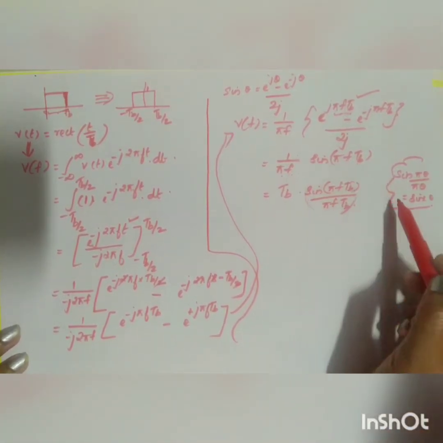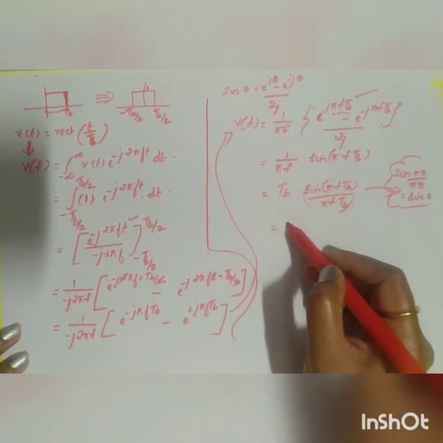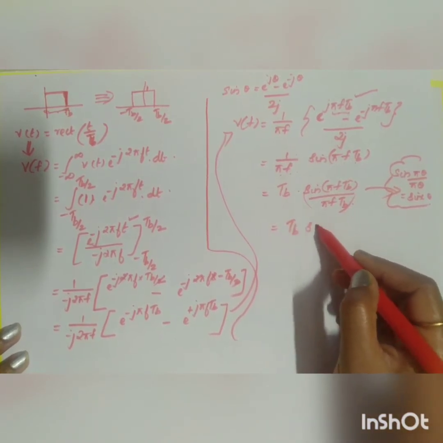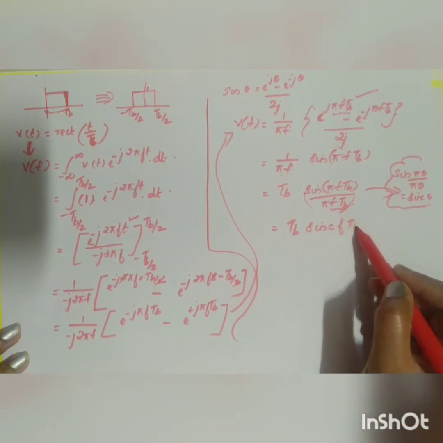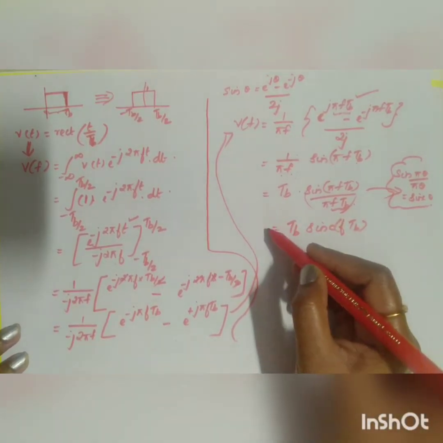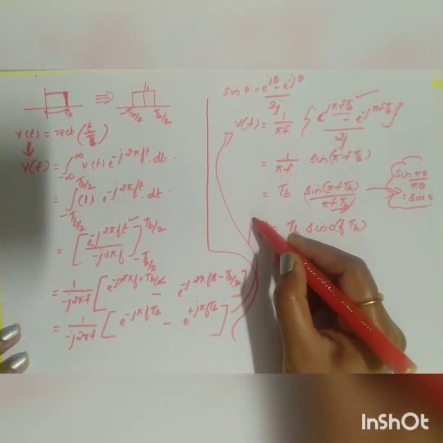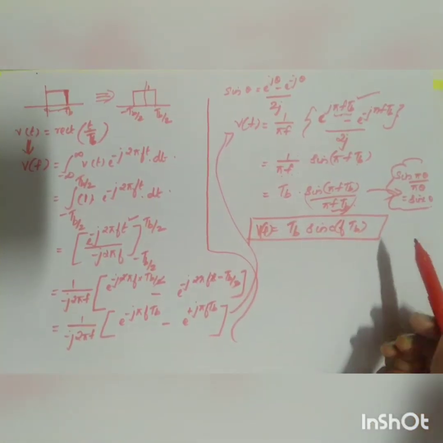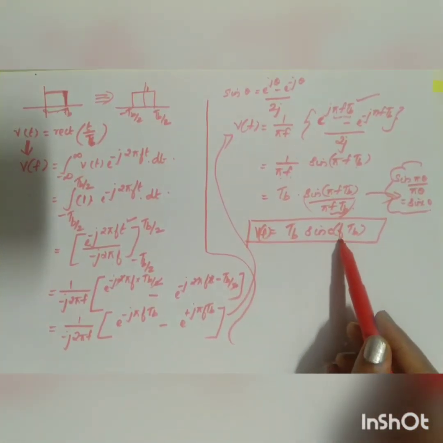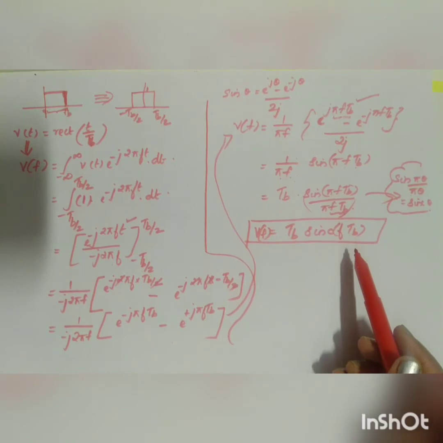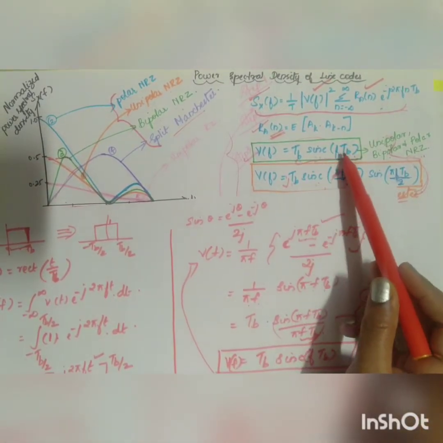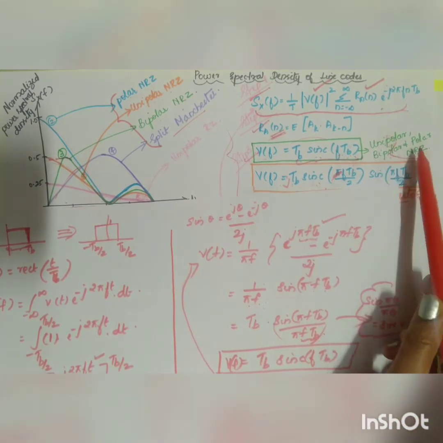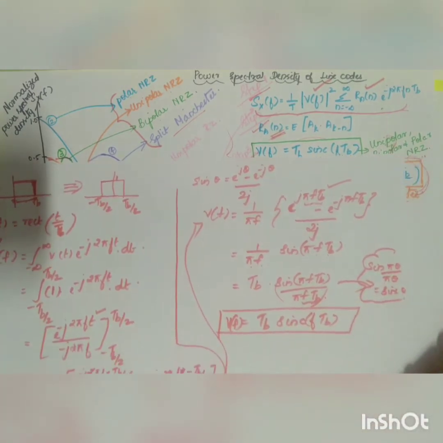So this I can replace by sinc theta, right? So you will be getting tb into sinc, what is theta? f into tb. So now this is your value, v of f. When you take a rectangular pulse, you are getting it as tb into sinc f tb, which is nothing but your first formula, right? tb into sinc f tb, which is for unipolar, bipolar, polar, non-return to zero.